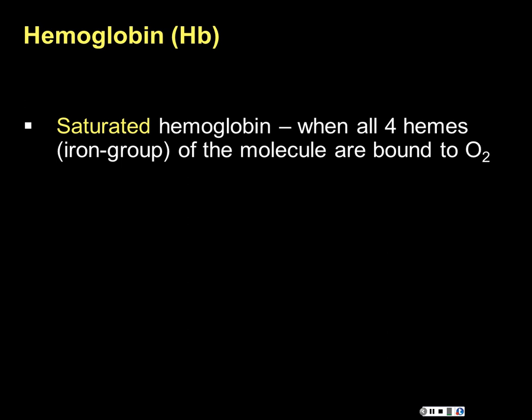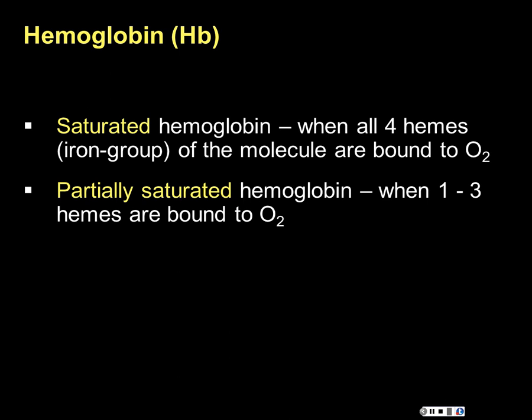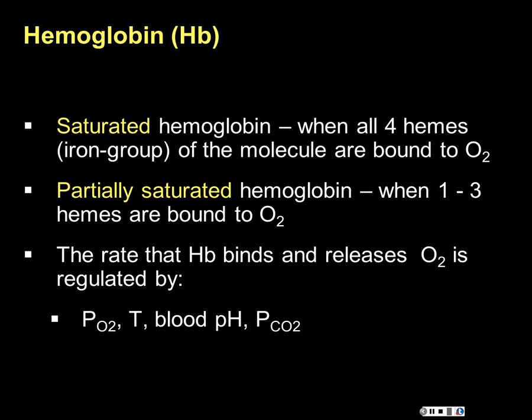So it can be saturated or not, or partially saturated. It's either fully saturated with 4 oxygen atoms or partially saturated with 3 or fewer oxygen atoms in a particular hemoglobin molecule itself.